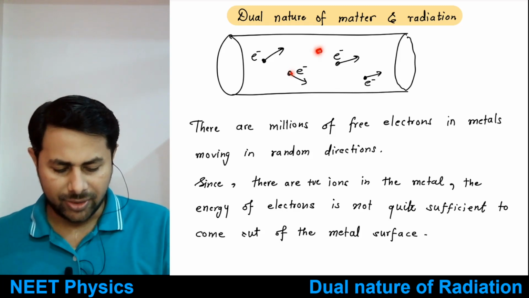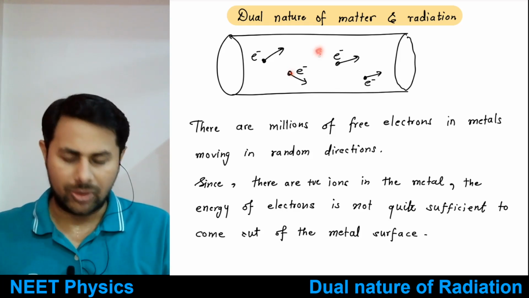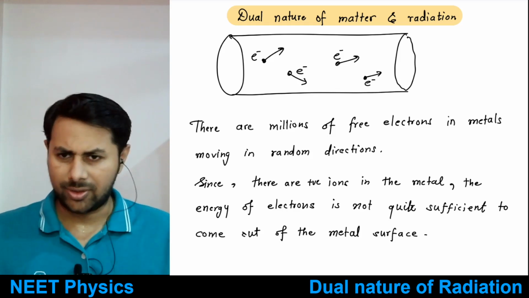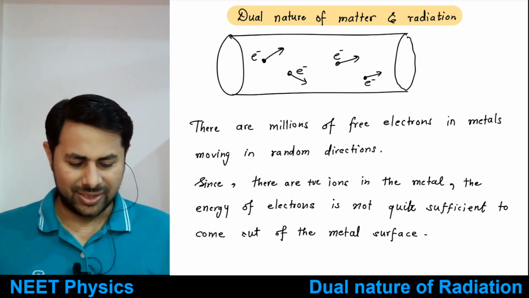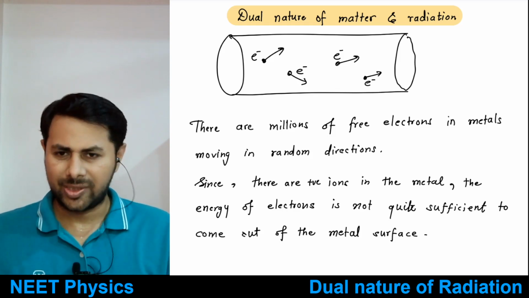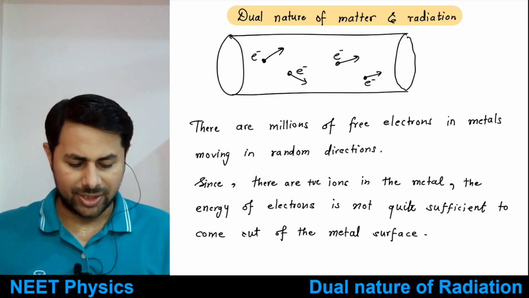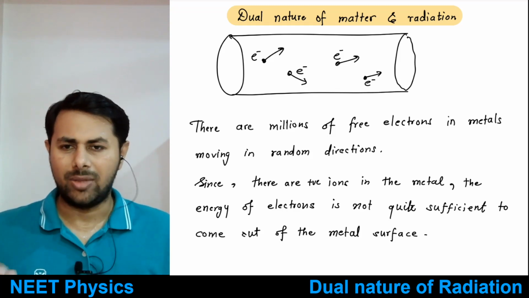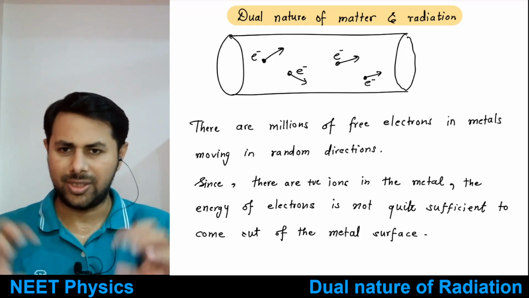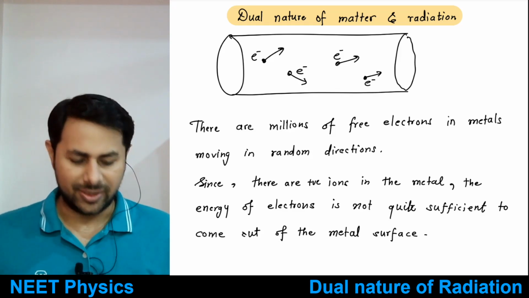That's why the electrons don't have sufficient energy to come out of the metal surface. They are randomly moving inside the metal, but they don't have sufficient energy to overcome the potential barrier due to these positively charged atoms.